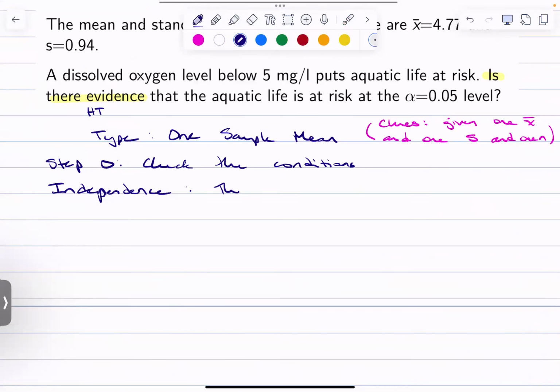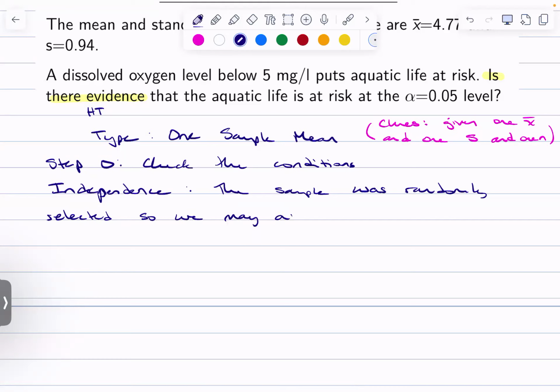The sample was randomly selected. So we may assume independence.